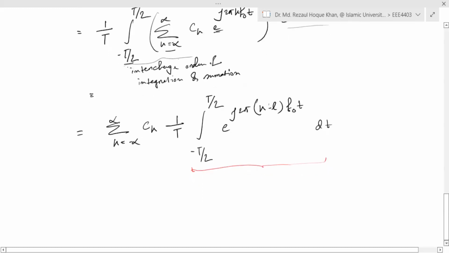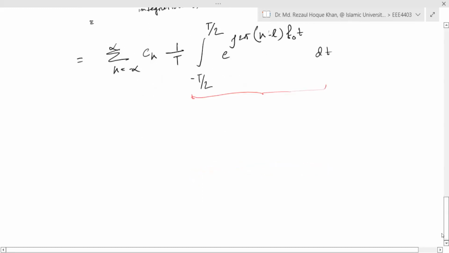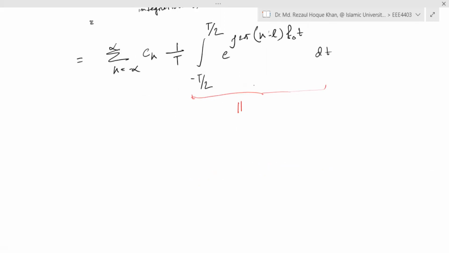So let us find the property of this integral.